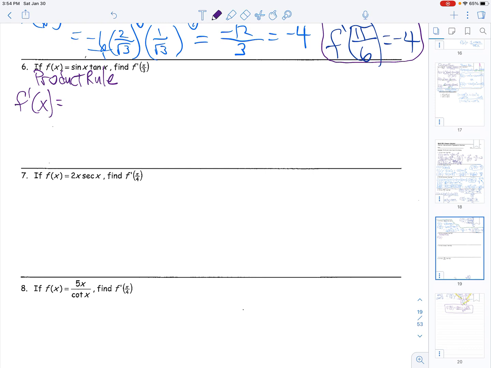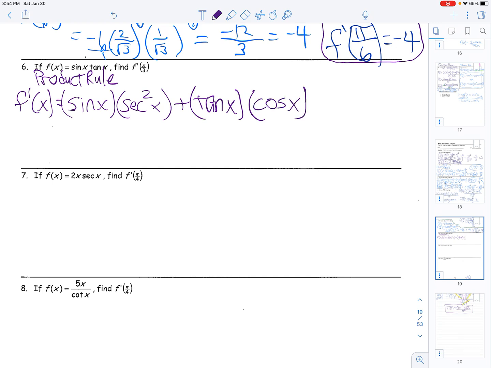That's a product rule, right? f prime of x will be the first, sine of x, times the derivative of the second, derivative of tan, secant squared of x, plus the second, tan of x, multiplied by the derivative of the first. Derivative of sine is cosine of x.